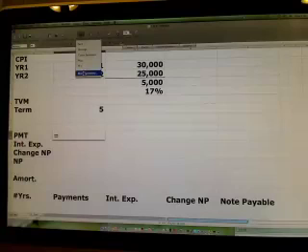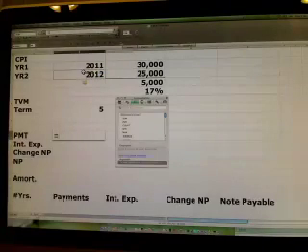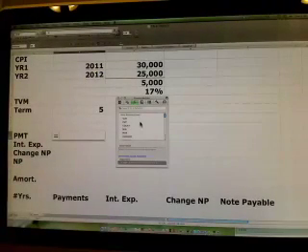Scroll down until you see More Functions. Click on it. Your Formula Builder window should pop up. Now in this window you can go into the search and type PMT, which stands for payment, or you can go to the scroll bar, hold down your mouse and scroll down until you see PMT and double click.